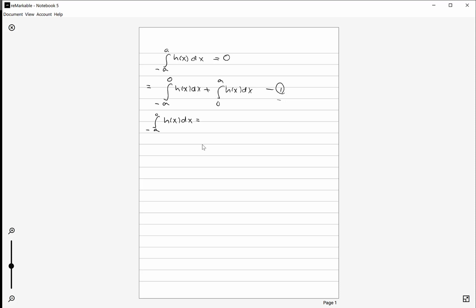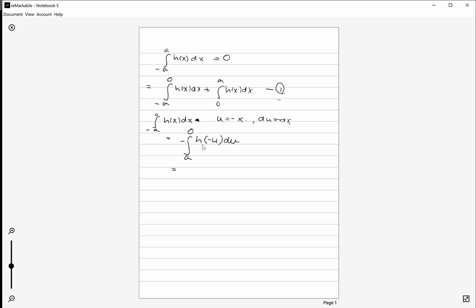So we can substitute u is equal to minus x. So with the substitution, if x is minus a, u is a, and 0, h of x is h of minus u, and therefore du is minus dx, so dx is minus of du.